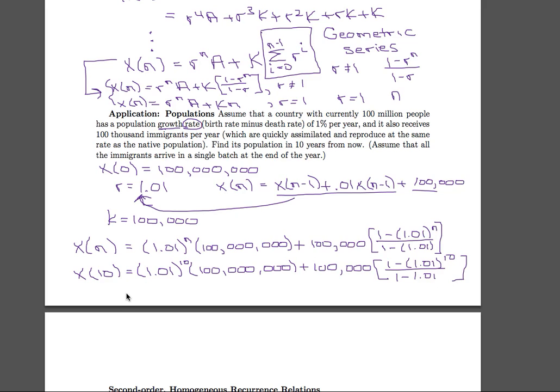And you can confirm for yourselves that depending on how many decimal places you keep when you do this computation and this computation, the population is going to be approximately 111,508,434 people in that country at the end of 10 years.